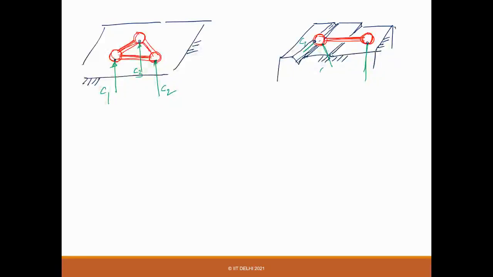So C1, C2, C3. Maybe if I just review, I draw it like a dumbbell, C1, C2, and another surface, and then you have this, right? So C1, C2, C3.